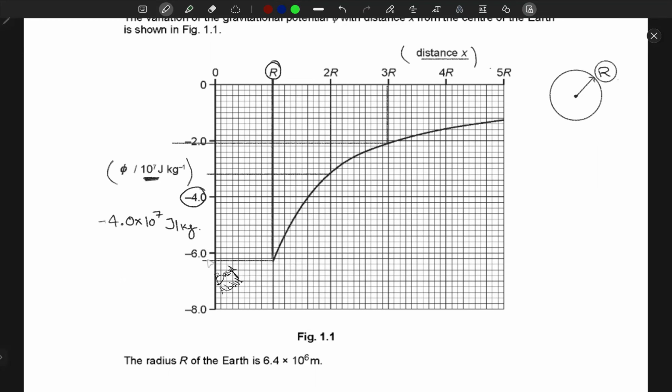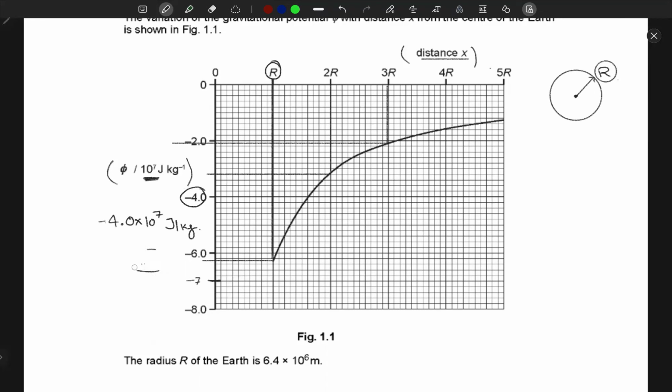It is this value. Now you can make a guess. If you want an accurate guess, this would be something like -6.3, and don't forget this is times 10 raised to power 7.